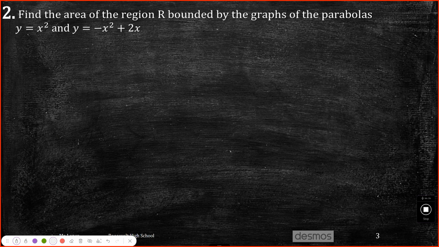Okay, so now we need to know where they cross each other, no? So where do these two cross each other? So we set them equal to each other to figure out where they cross each other. So x squared is going to equal negative x squared plus 2x.